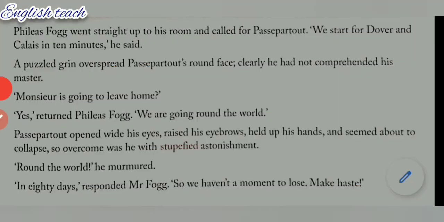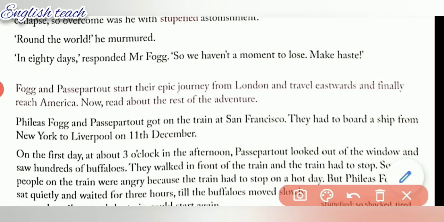"What are you telling?" "In 80 days, Mr. Fogg says, we have to complete this journey." He was very astonished.